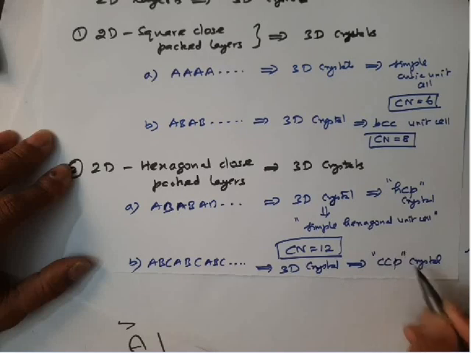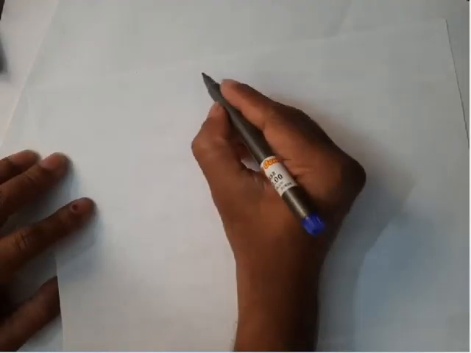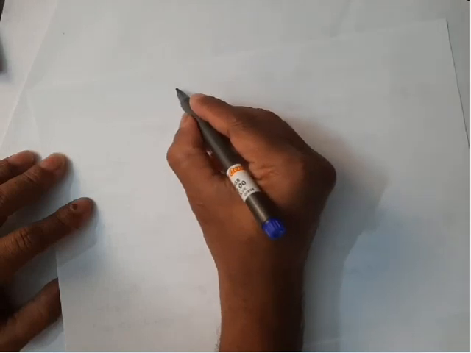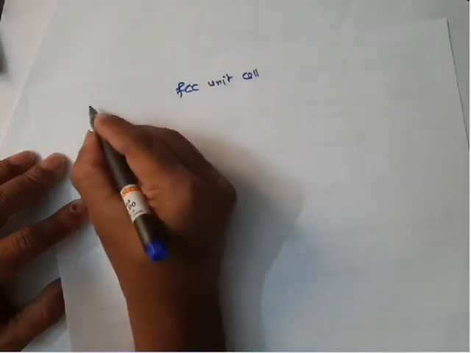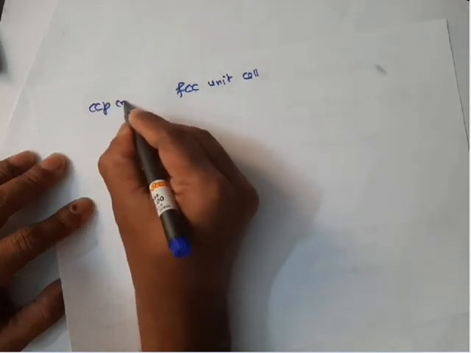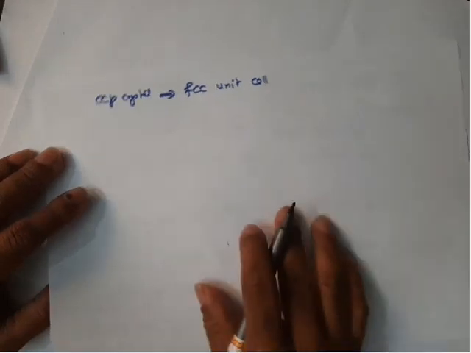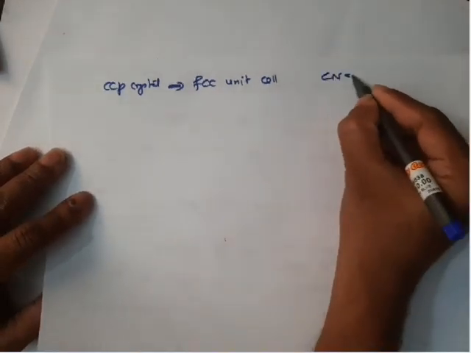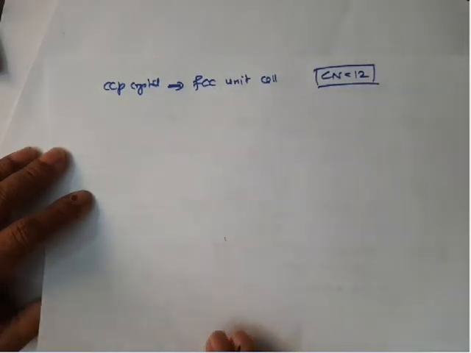CCP means cubic close packed crystal, which consists of FCC unit cell, and here also coordination number is 12. Students, here also coordination number is 12.